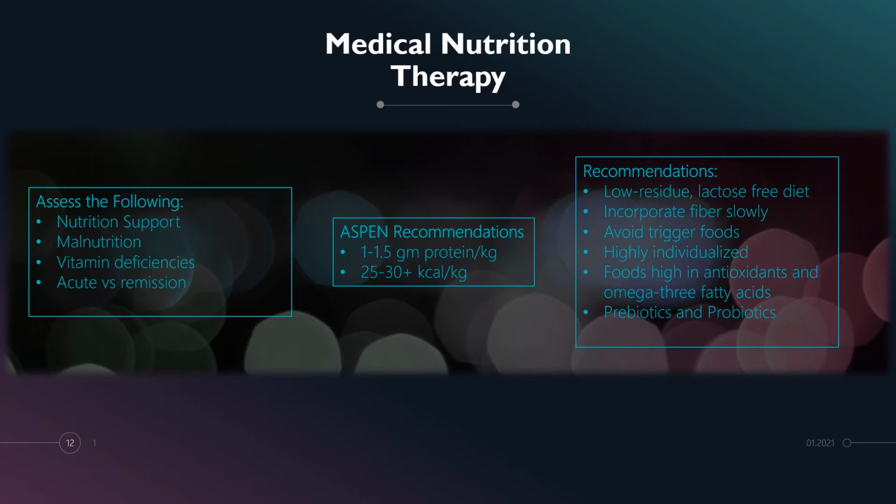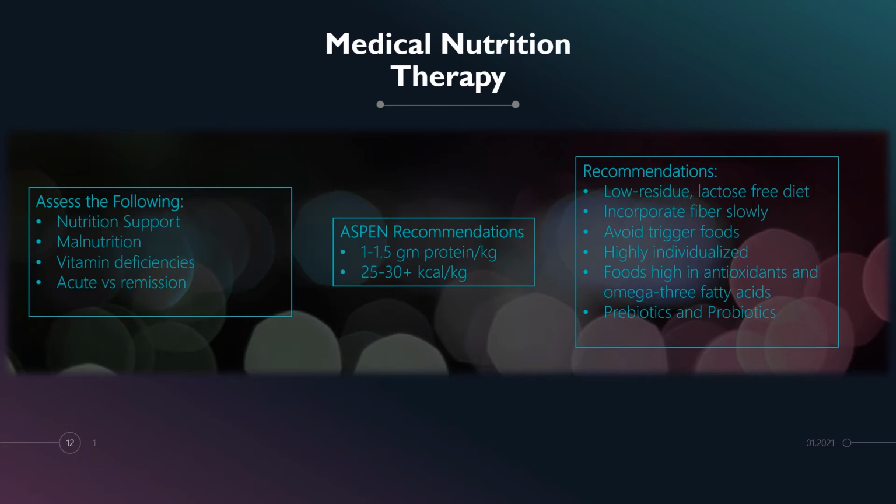Ultimately, these deficiencies can lead to further complications, and this can include things like anemia, osteoporosis, poor wound healing, and a compromised immune system. So therefore, nutrition therapy and nutrition support is really important. If you're going to initiate it, it's important to initiate it quickly to get the patient what they need as far as adequate nutrition.